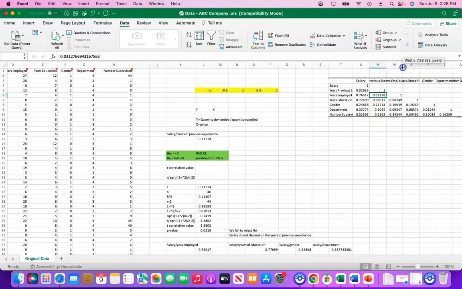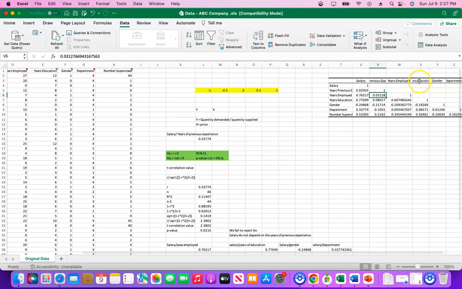You could see also that we have correlation between years employed with years of education, gender, department, the number supervised. Years of education as well, we can look at the correlation of that with gender, department, and number supervised. We can also look at the correlation between gender and the department and number supervised.